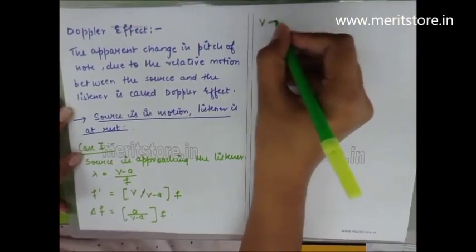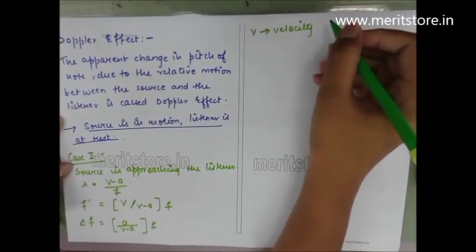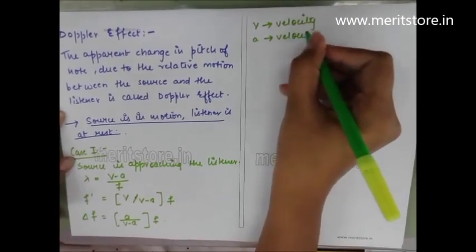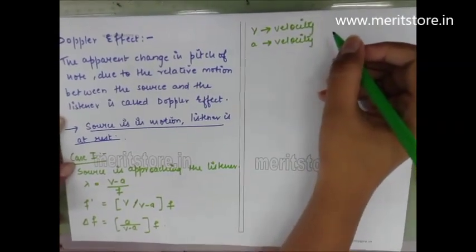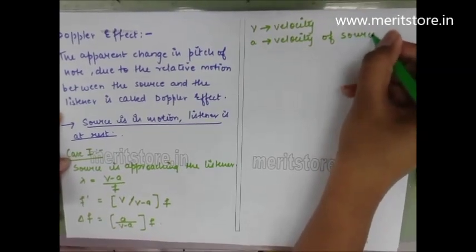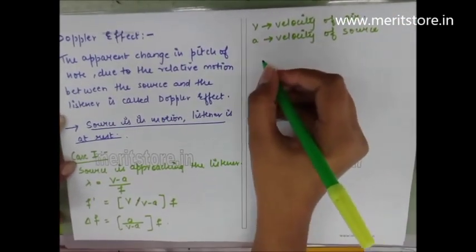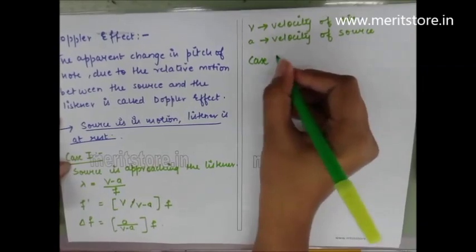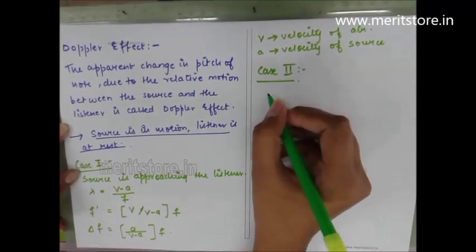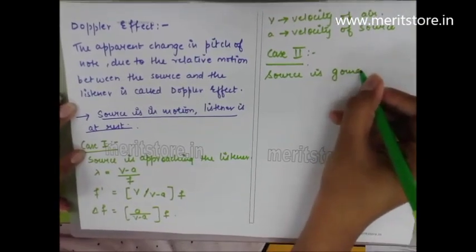Here v is velocity of the sound in air and a is velocity of source when it moves toward the listener. Consider case 2, when the source is going away from the listener.